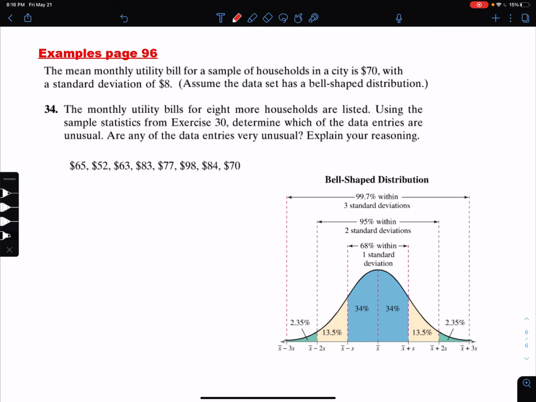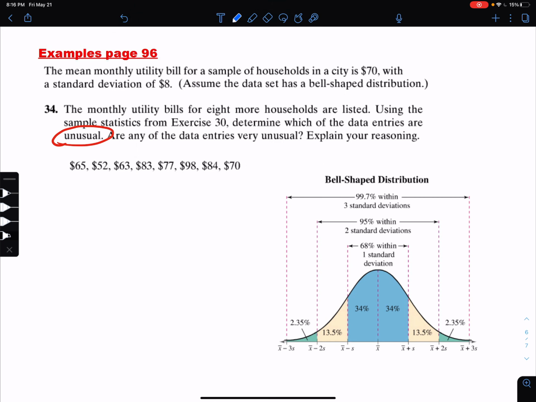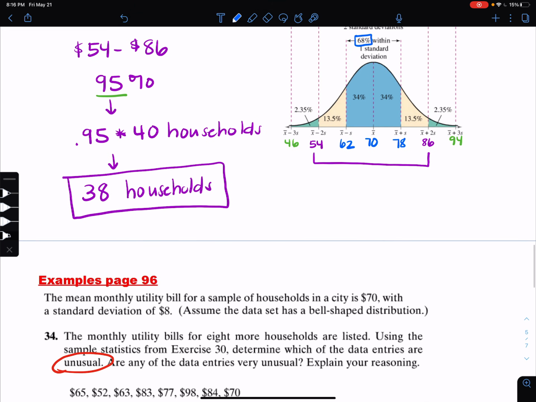The other thing that you're going to be doing is using these intervals to determine if you have unusual values. Okay, so this is the same distribution that we're dealing with here. So what I'm going to do is just copy down those 3 intervals that we found.